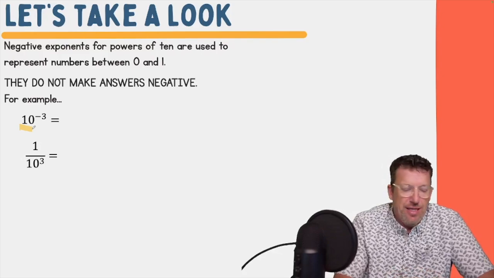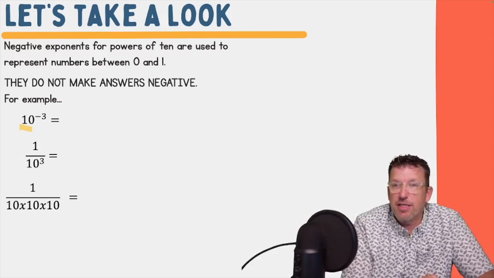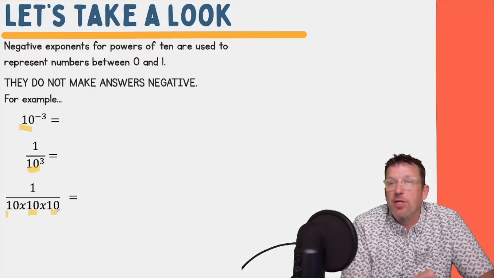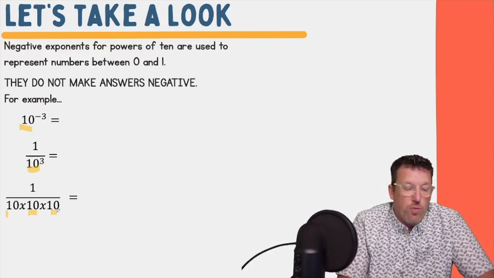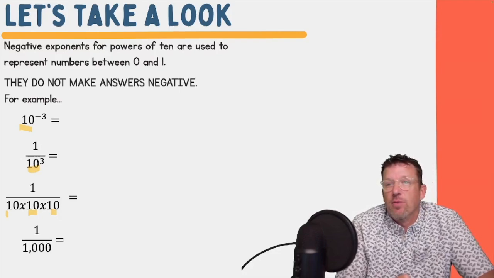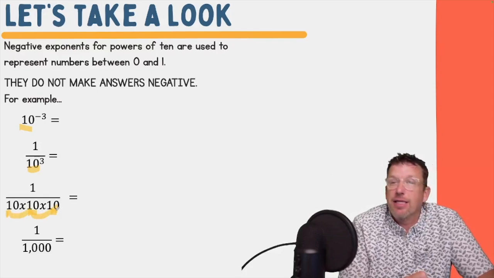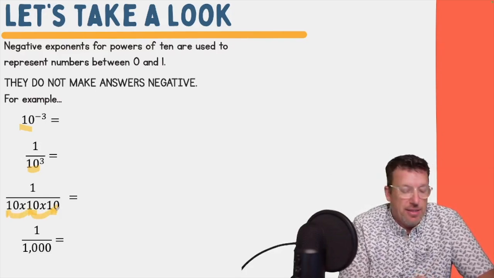What does that mean? Well, 1 stays by itself because we're not taking it to the third, but we're taking this 10 on the bottom of our fraction and using it 3 times because that's what the exponent told us to do. So the next step would be we multiply those bottoms together: 10 times 10 times 10. 10 times 10 is 100, times another 10 is 1,000, and we get that.